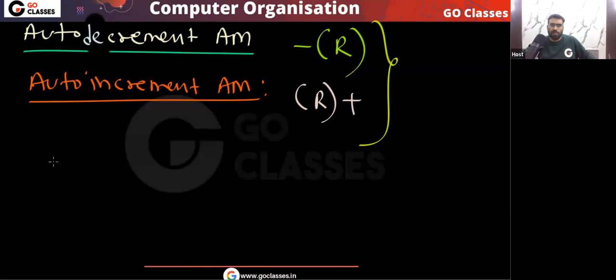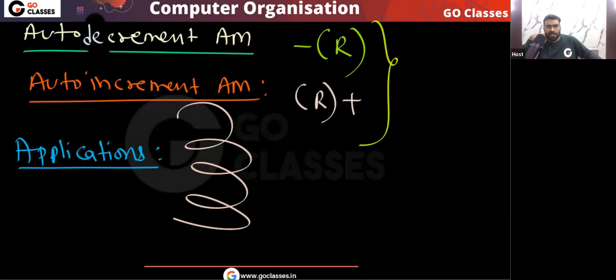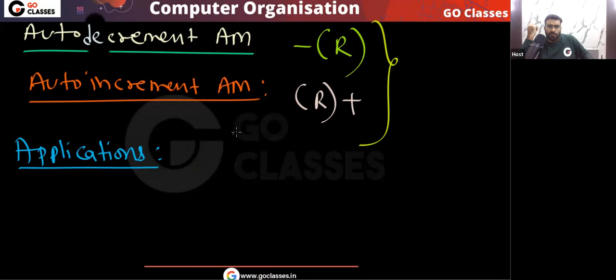I hope you understood. Now, what are their applications? What do you think? In which case will you do the increment, like first you will access this, then this, then this, then this? In which case will you increment?